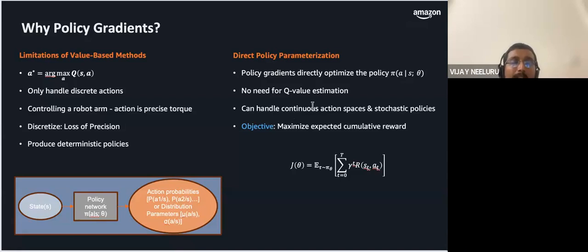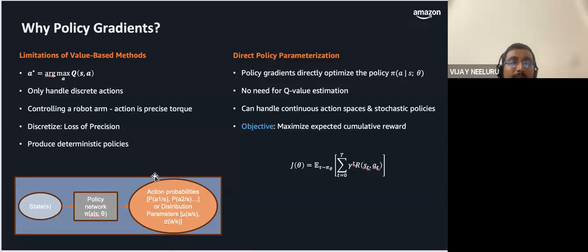By parameterizing the policy directly, we shift the optimization problem, where we are no longer trying to estimate Q values. Policy gradient methods also handle continuous action spaces more naturally by directly outputting the parameters for the probability distribution over actions, and they learn stochastic policies with simpler action selection.